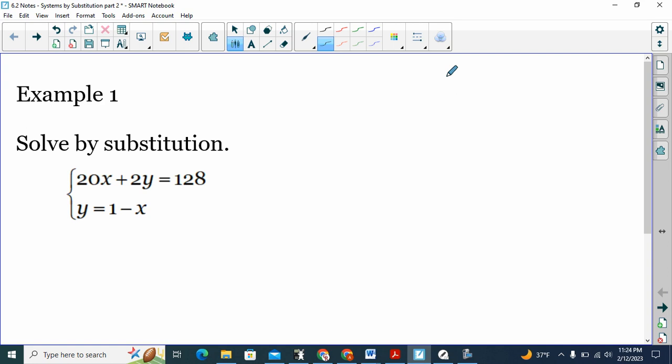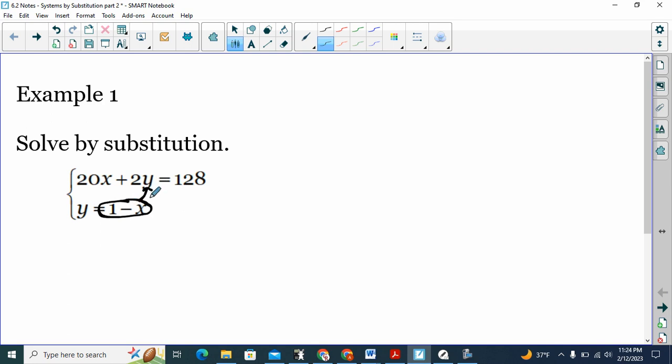Example 1 does ask us to solve by substitution, and we are given 20x plus 2y equals 128. That is one of our equations. y equals 1 minus x is our second equation. To solve by substitution, we are going to take the variable that says that it's equal to something else, in this case y equals 1 minus x, and we're going to substitute 1 minus x in for the y.